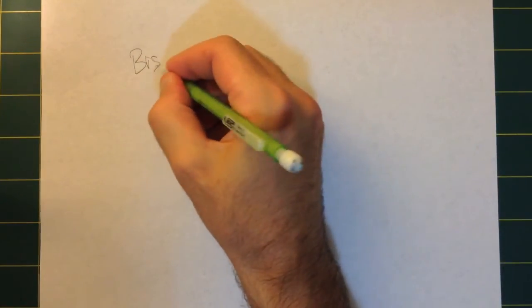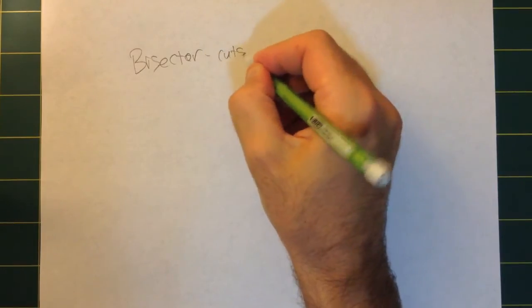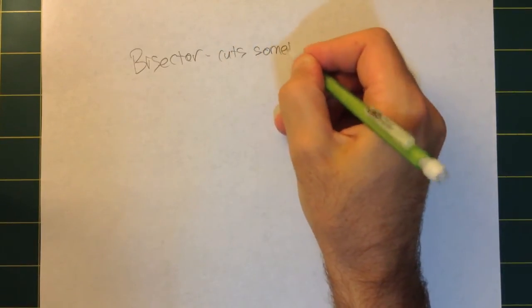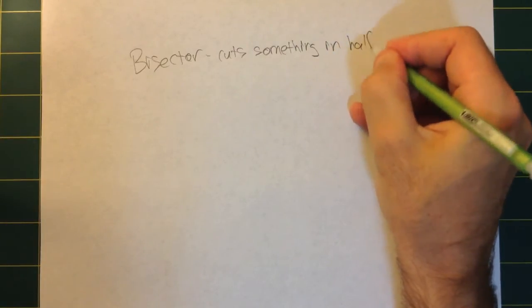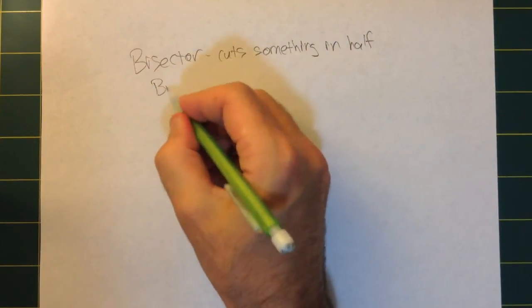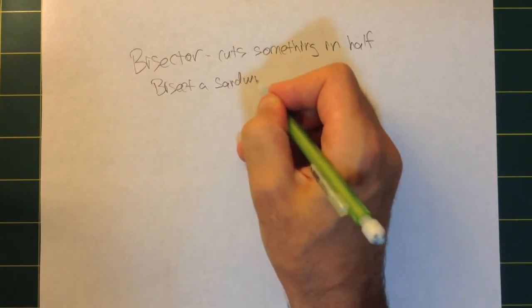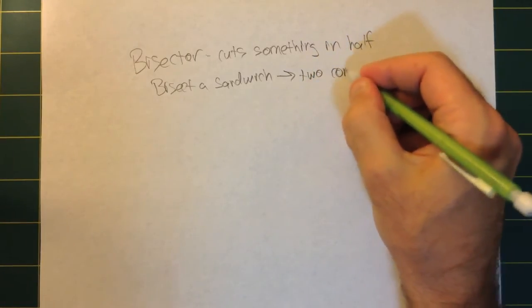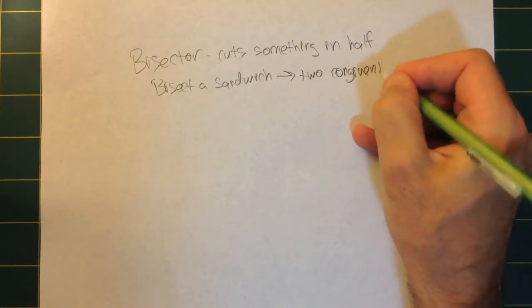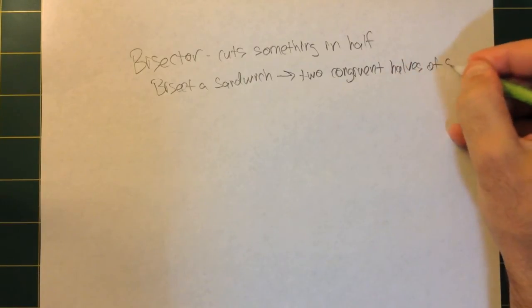I want to clarify something about this term bisector. A bisector cuts something in half. If you bisect a sandwich, you will create two congruent, which means they're the same, halves of a sandwich.